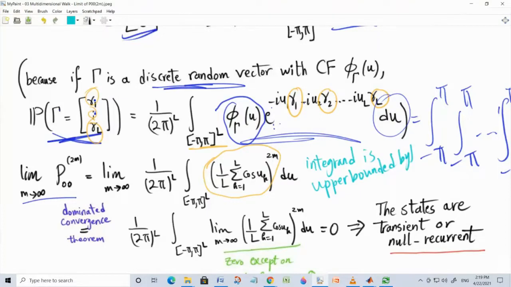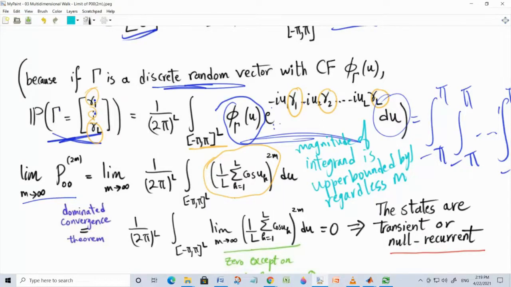The sum of cosines is between 1 and minus 1, and their sum divided by L is at most 1. So the magnitude of the integrand is upper bounded by 1, regardless of m. To be able to apply the dominated convergence theorem, you need an upper bound that does not depend on the variable with respect to which you are taking the limit.